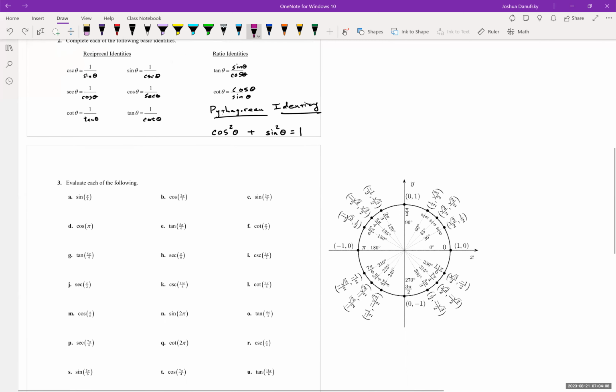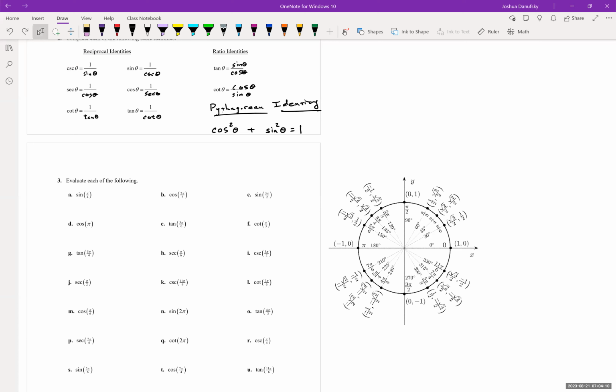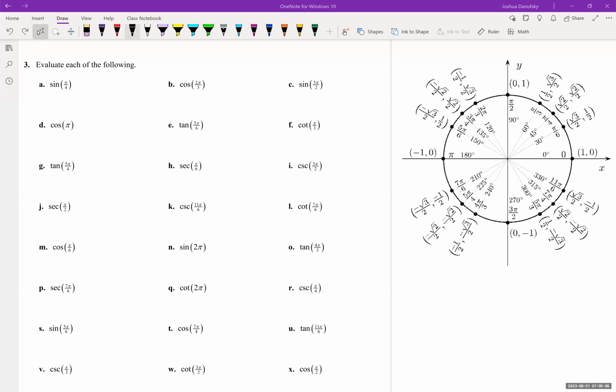Okay. Now, from there, we need to start evaluating these things. So we need to be real fluid in being able to find the sine, cosine, tangent, secant, cosecant, and cotangent of any of these special angles around the circle.